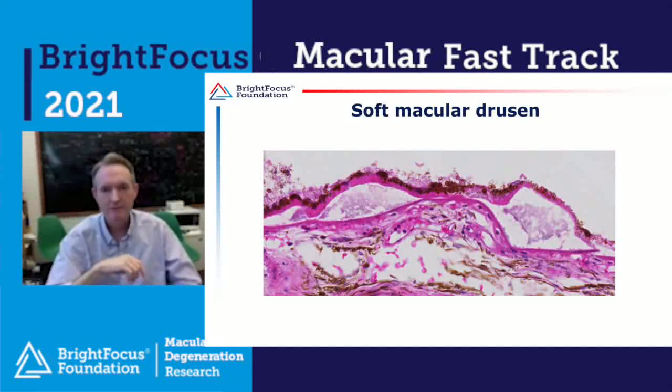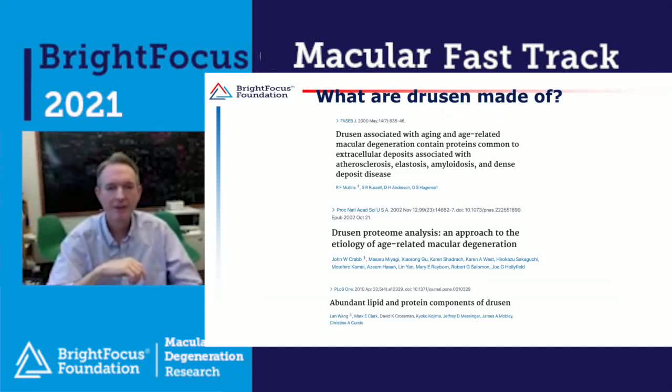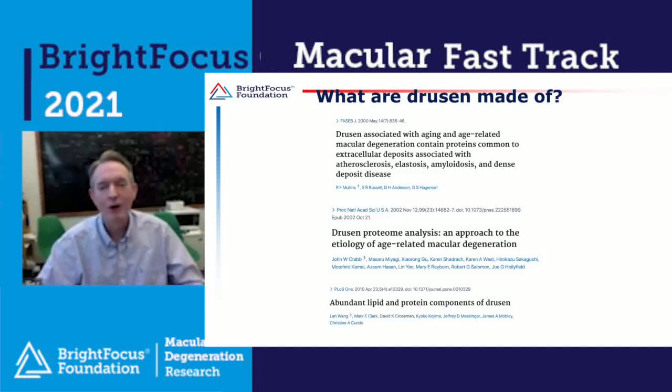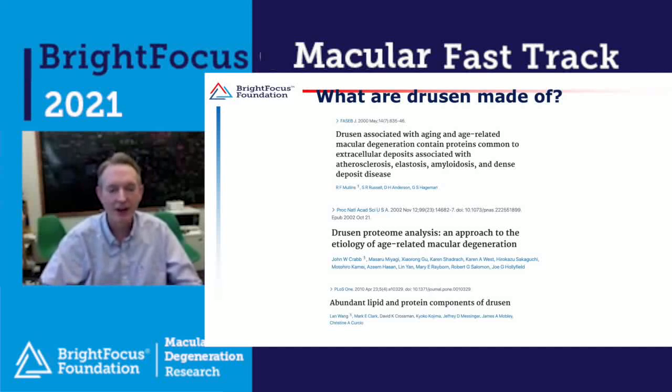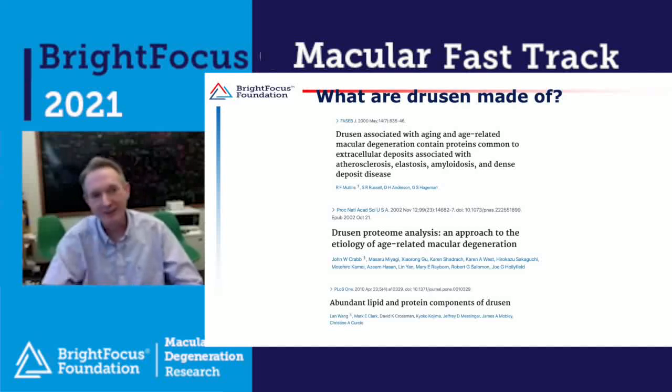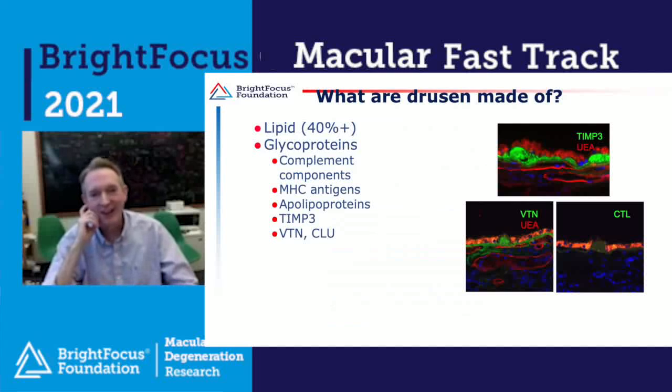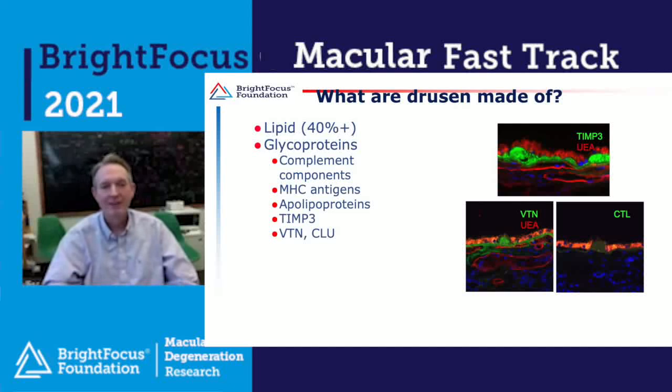So there's been a lot of interest in what drusen are comprised of, both histological studies as well as biochemical studies that Dr. Hollyfield and Dr. Crabb and Dr. Nandapati have participated in. And I wanted to just summarize many studies with one slide here. So drusen are largely comprised of lipids, esterified and non-esterified cholesterol, and that's approaching half of the mass from Christine's work.